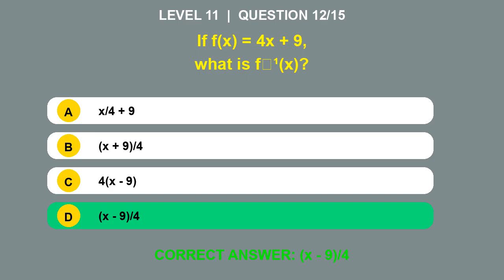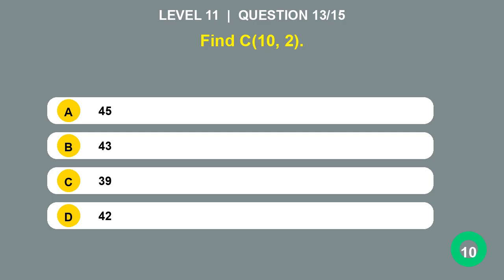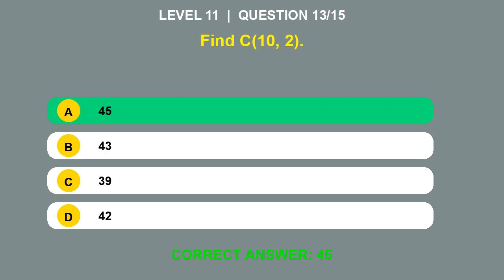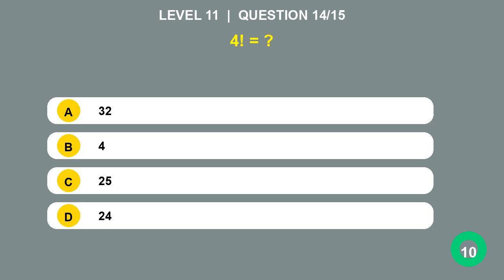Answer is (x minus 9)/4. Find C(10,2). Answer is 45. 4 factorial equals?